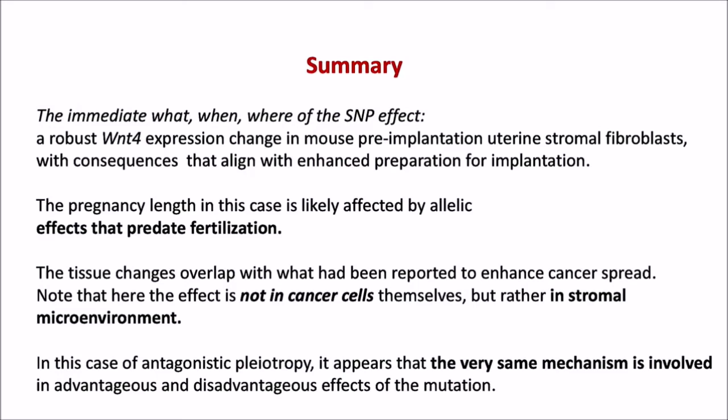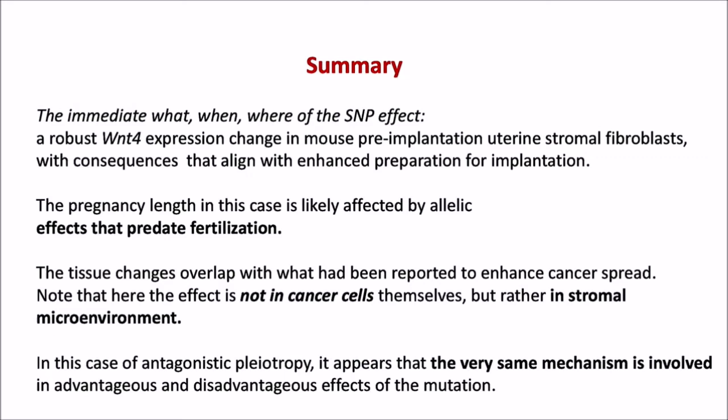What we seem to find is that the tissue changes overlap with what had been reported to enhance cancer spread, and really note that this is not about the cancer cells themselves that have this effect, but the tissue that interacts with cancer and enables the invasion. That's at least our conclusion.